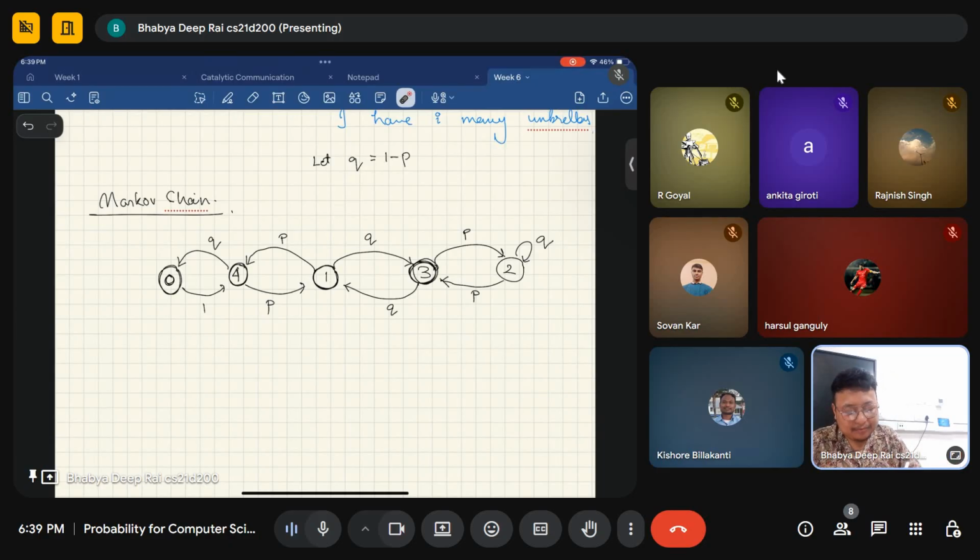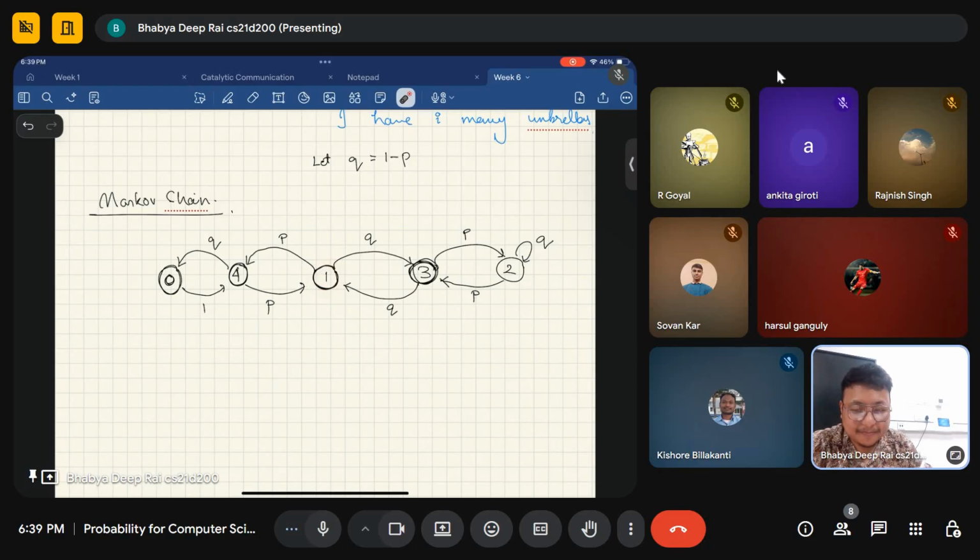Now, for example, if I'm at state 1, it means wherever I'm currently, there is 1 umbrella. Either home or office, it does not matter. If I'm at home, the other place, which is the office, has 3 umbrellas because out of the 4 umbrellas, the other 3 are in the office.